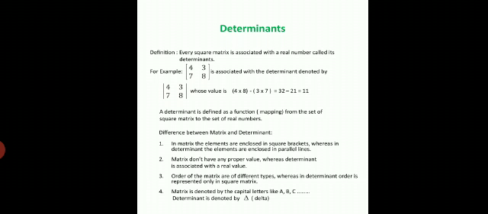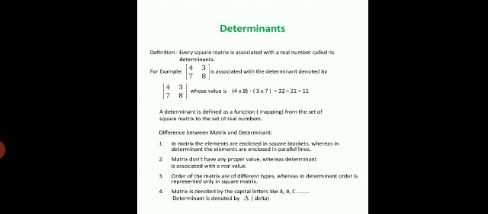You will get a real number, that is nothing but the value of the determinant. That is 4 into 8 minus 3 into 7, which equals 32 minus 21, the difference between 32 and 21 is 11. So this is nothing but a real number, that is the expansion of a determinant.